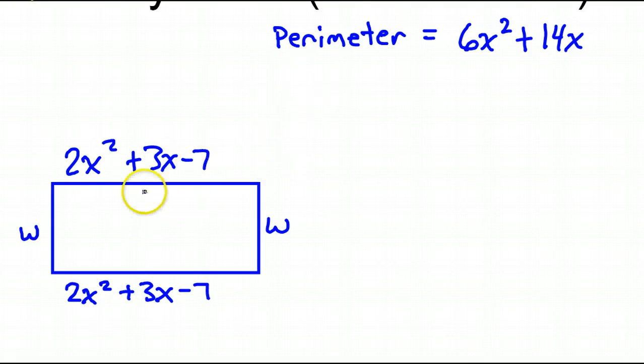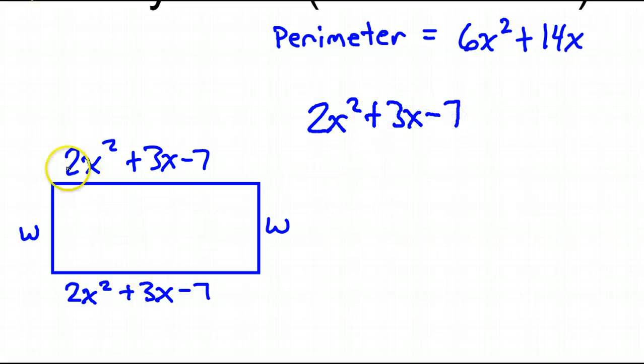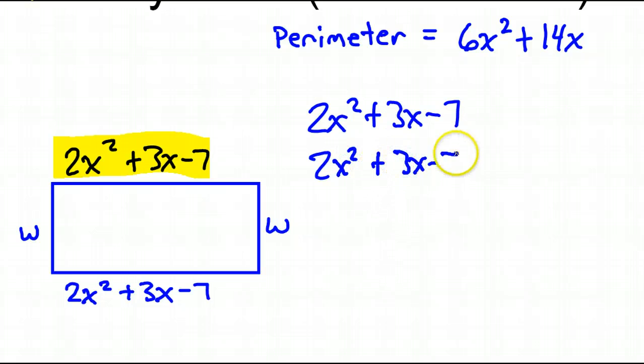Because the perimeter should be the sum of all four sides, that means if we take 2x squared plus 3x minus 7, okay, that's this up here, and we add on 2x squared plus 3x minus 7. Okay, that's this down here. And then eventually I'm going to add on the two W's as well.